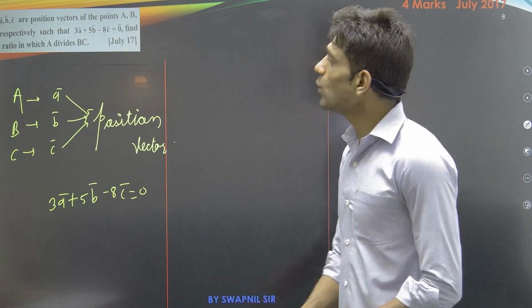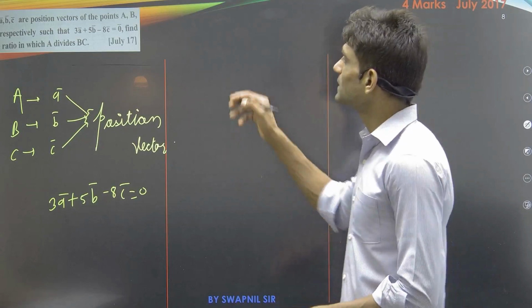And we want the ratio in which a divides line segment BC.